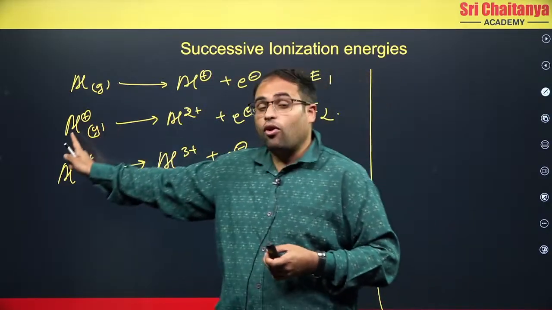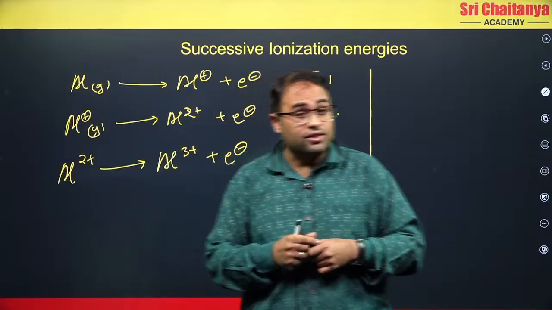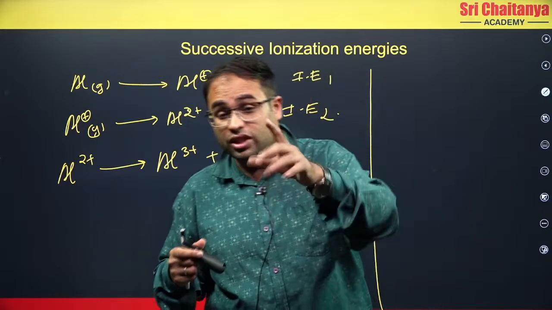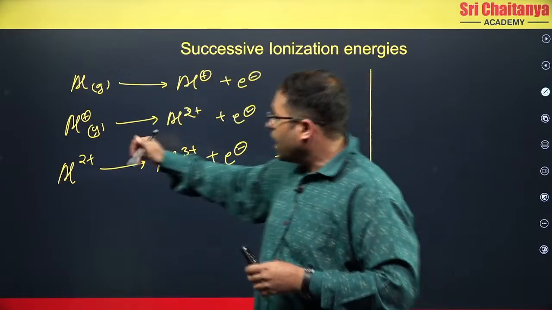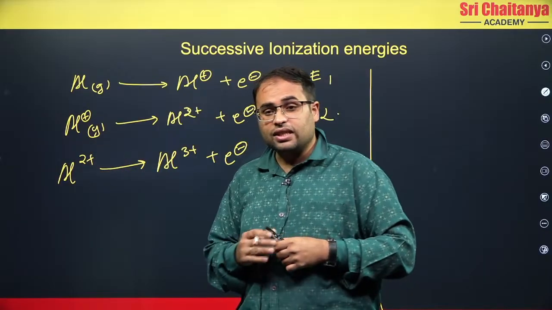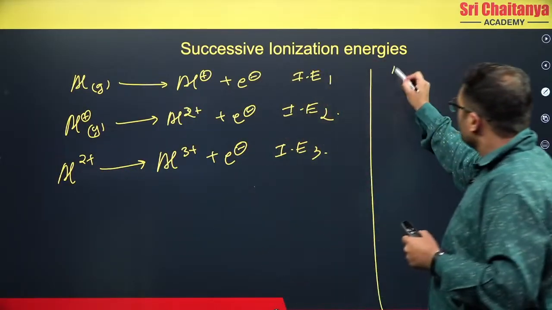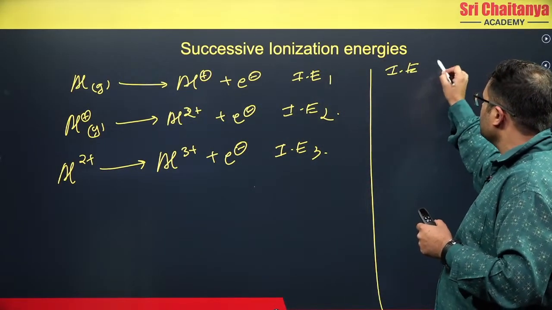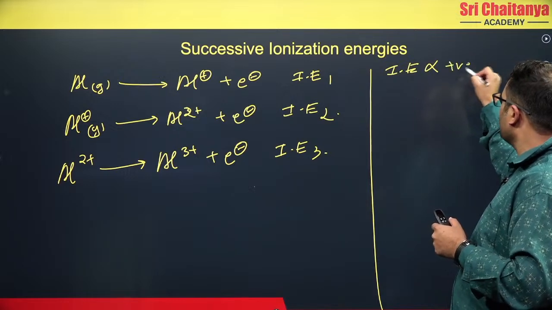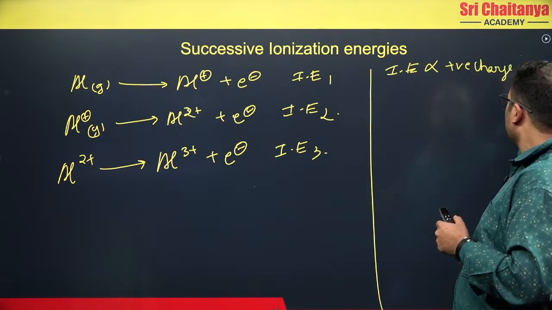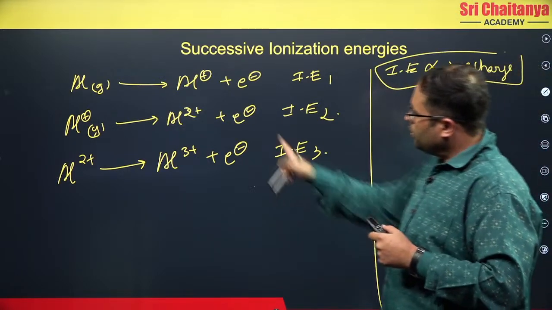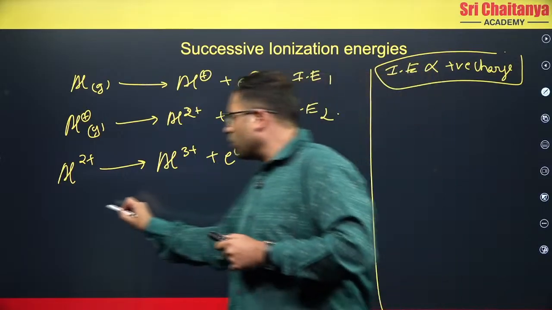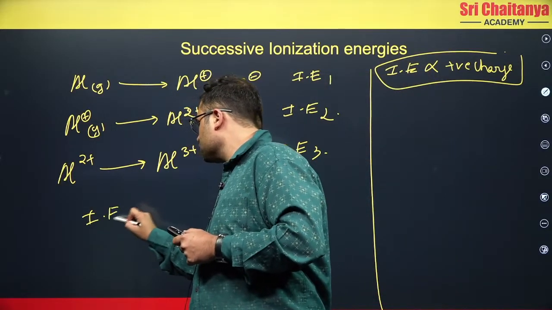So here I have already told you the cation always has a higher ionization energy than its neutral part, and as the positive charge increases, the ionization energy increases. So you can write this down, ionization energy is directly proportional to the positive charge. So you can see what you can tell the order of ionization energy is.